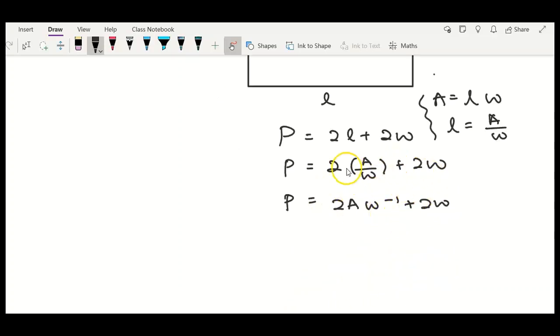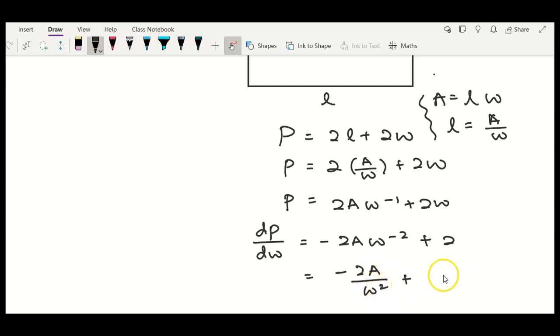Simplify the expression in this form. Later on, we're going to find dP/dW. Differentiate this, you will get negative 2A W to the power of negative 2, plus 2. Differentiating 2W with respect to W, you get 2. You can rearrange your answer of dP/dW like this.